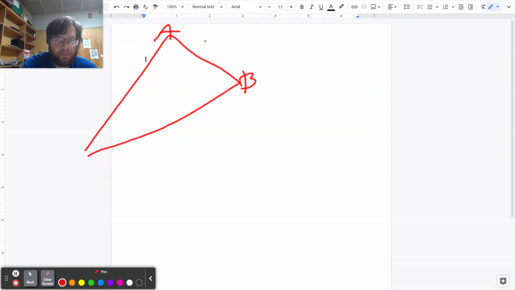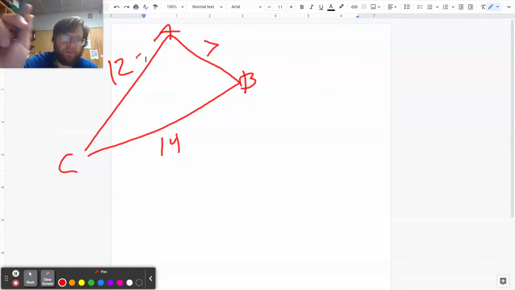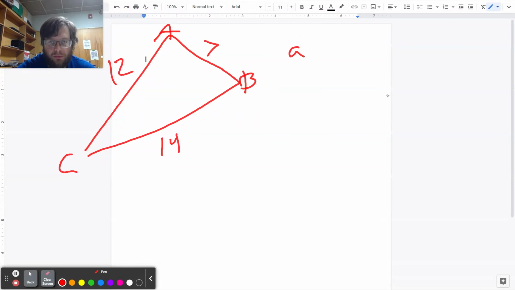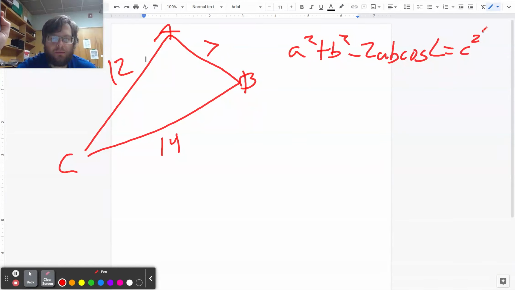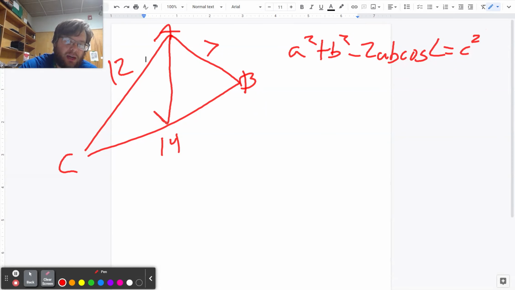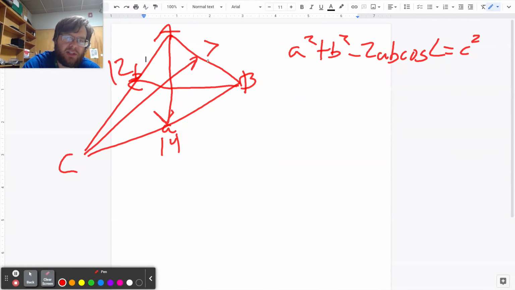So AB, we'll call that 7. And here's C, so we'll say 14 and 12. So I know that I can set up here a squared plus b squared minus 2ab cosine c equals c squared. So I'm just going to fill in, remembering that angle A is opposite of side length A. So A is 14, B is 12, C is 7.